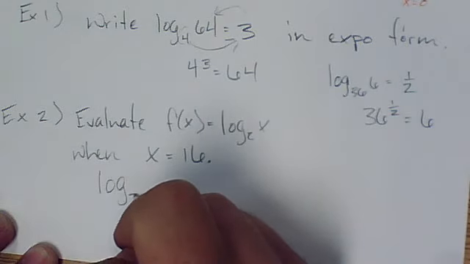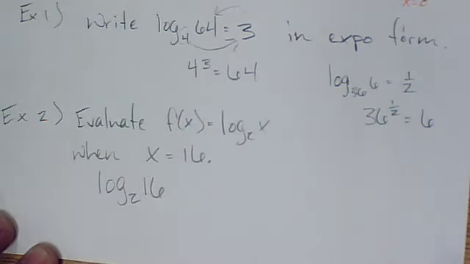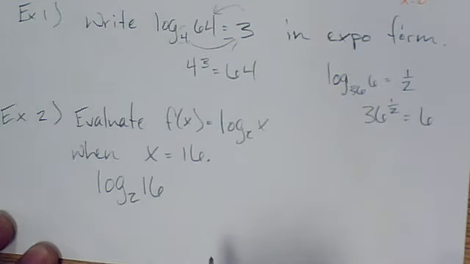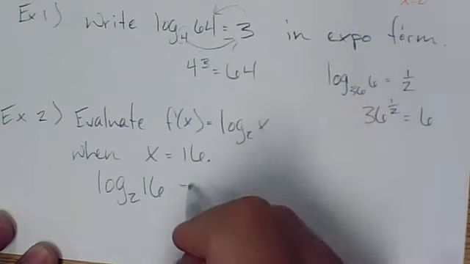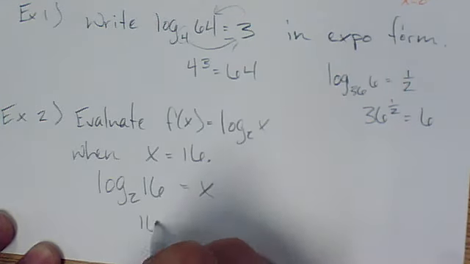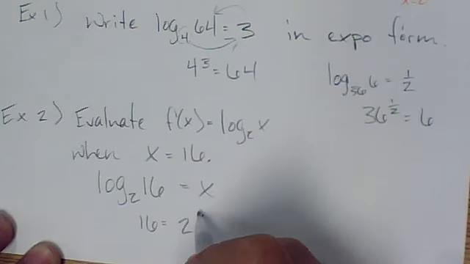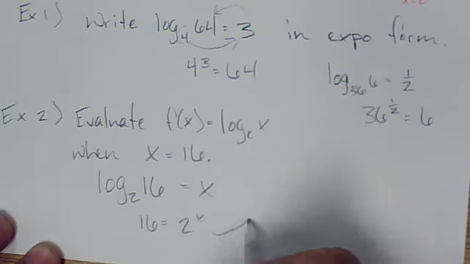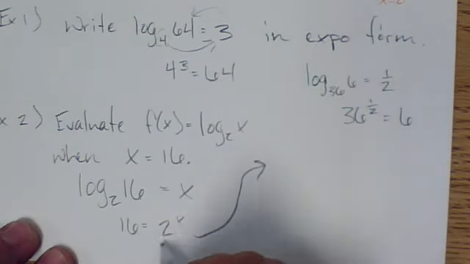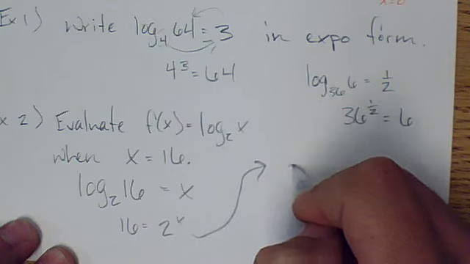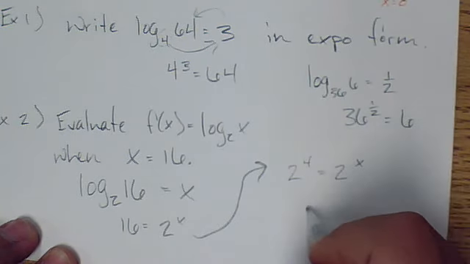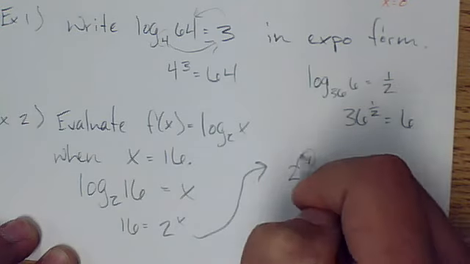So if I have a base 2 logarithm of 16, to evaluate that, I can set it equal to x, then put it in exponential form. Then we can use the one-to-one property like we did yesterday, and I can rewrite 16 with the same base. So if I say 2 to the 4th equals 2 to the x, then x has to equal 4.